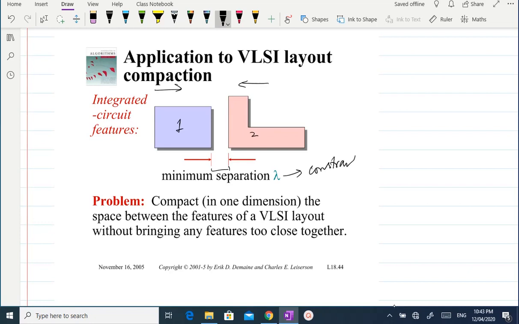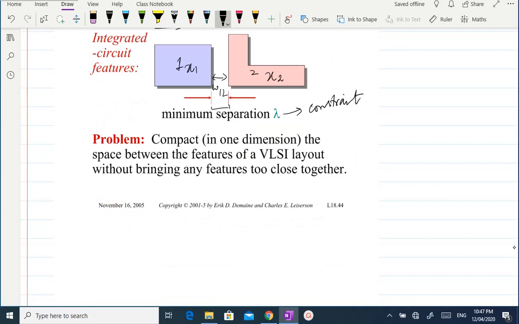So think of it as a constraint, right? If I call component 1 as x1, and component 2 as x2, then the difference between these two can be called w12, which is the minimum separation between these two components. So you can think of it as a constraint. If I write this constraint, it will be something like this: x2 minus x1 should always be greater than or equal to some w12.